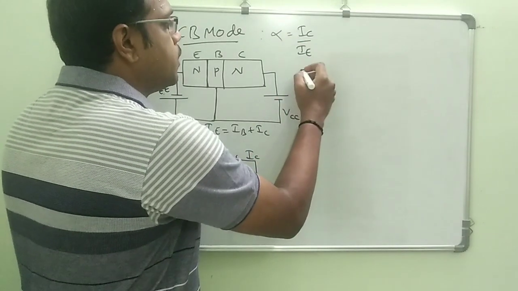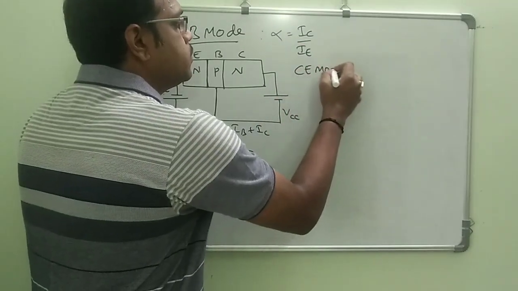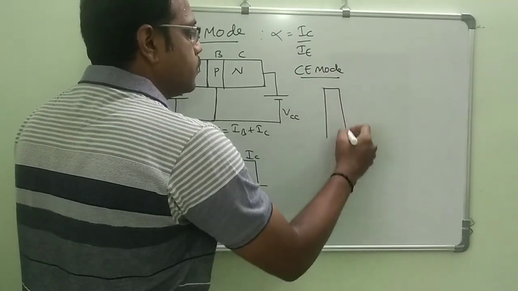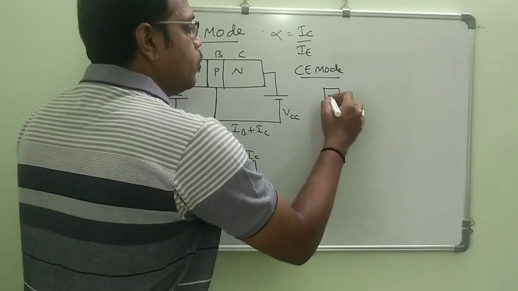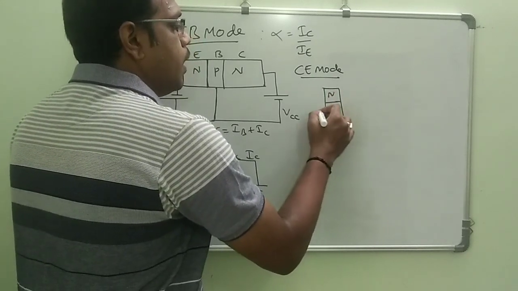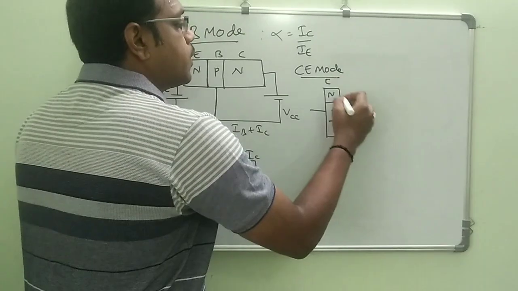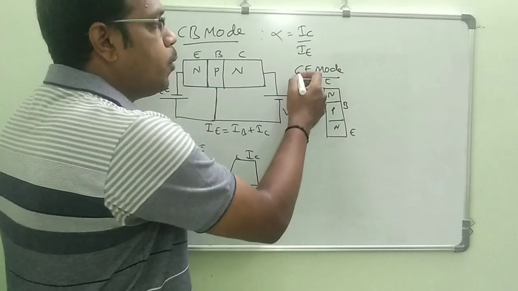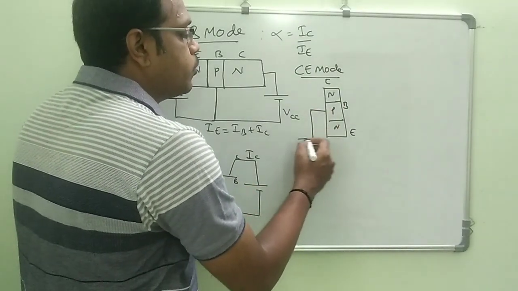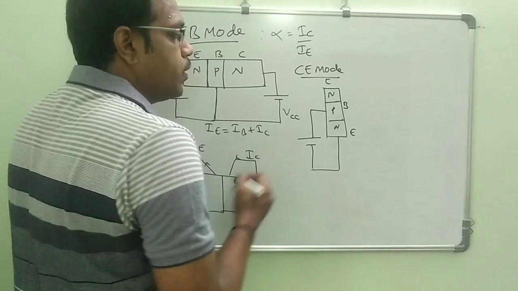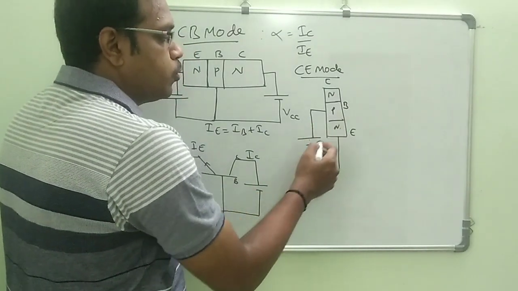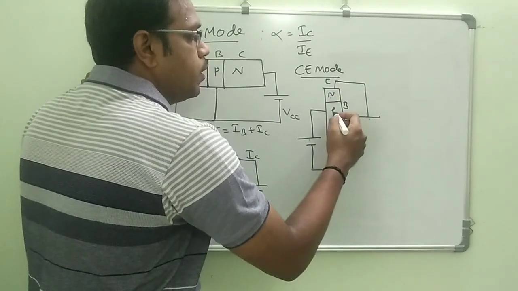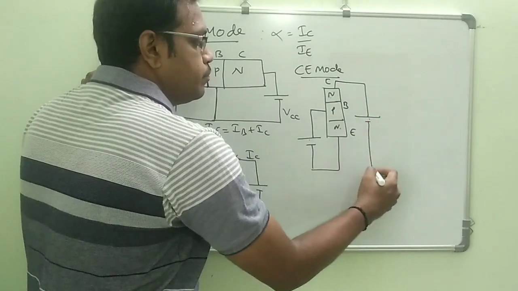Whereas, if you take the CE mode, in CE mode if you draw this diagram, this is CE mode, an NPN transistor, and this is collector, base, emitter. The emitter you have to take as common, it's common emitter mode, and we need to give forward bias for this, positive to positive, negative to negative, and for this we need to give reverse bias, negative to positive, positive to negative.